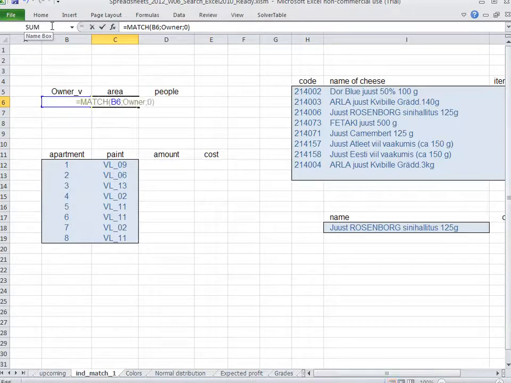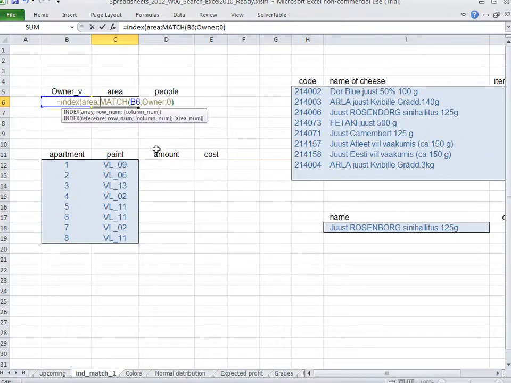Now, knowing that, we're going to write an index function around it and take from the area block the 3rd one out. So we write equals index, parenthesis begin, and the block is called area, and match tells us the 3rd row. So once again, this match is done at first, searching for K-Mind.